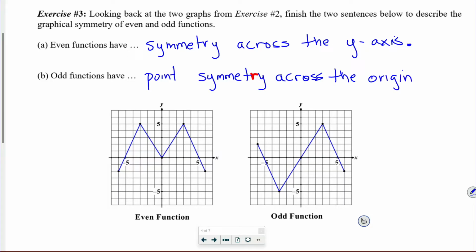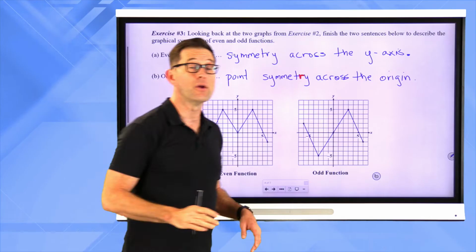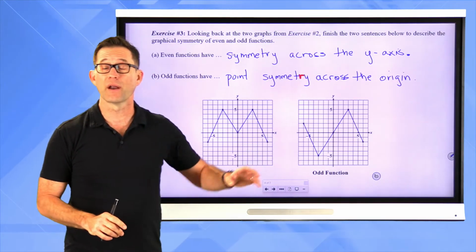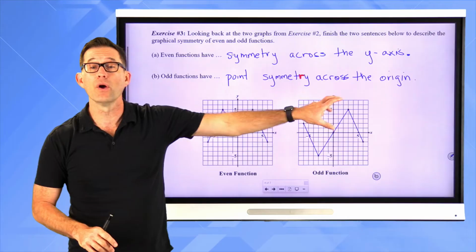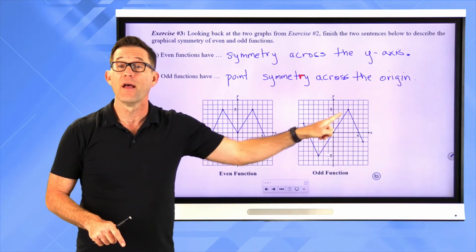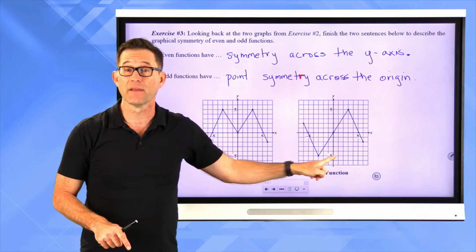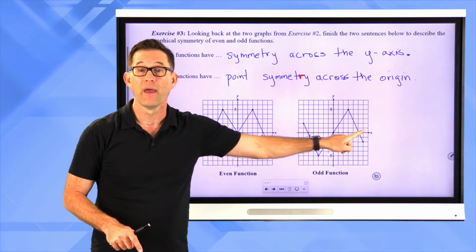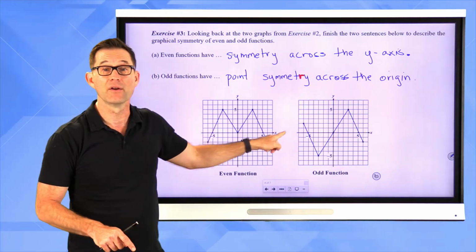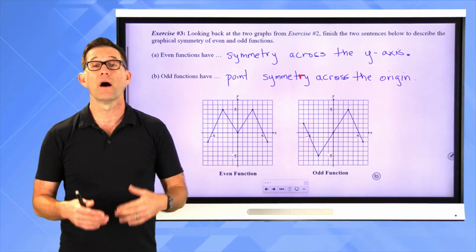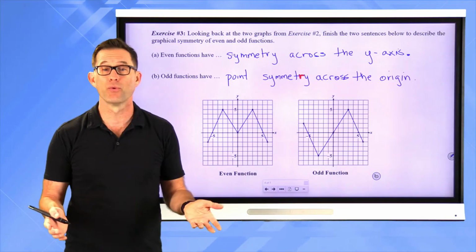If you said that they have 180-degree rotational symmetry through the origin, that is also beautiful as well. In other words, if I took this graph and I rotated it 180 degrees around the origin, then it would look exactly the same. So this point rotated 180 degrees would land on that point, and this point rotated 180 degrees would land on that point. So it's got point symmetry across the origin or through the origin.